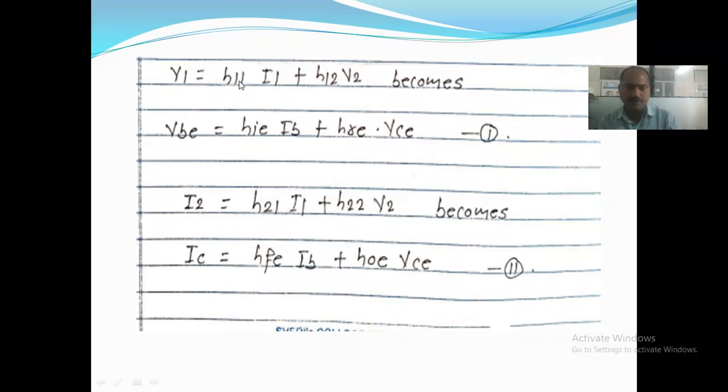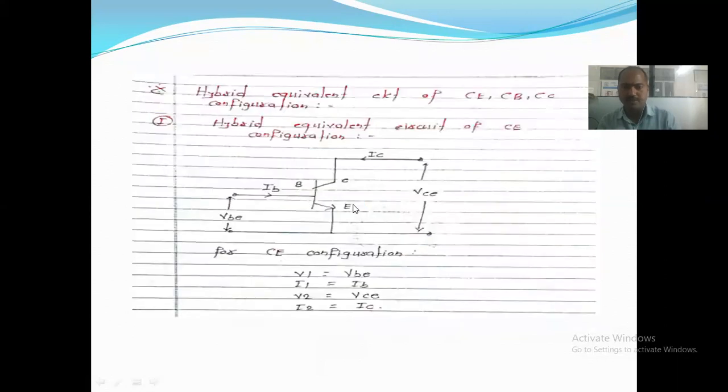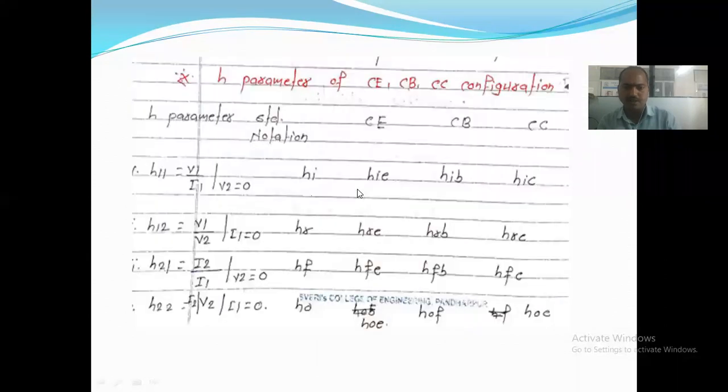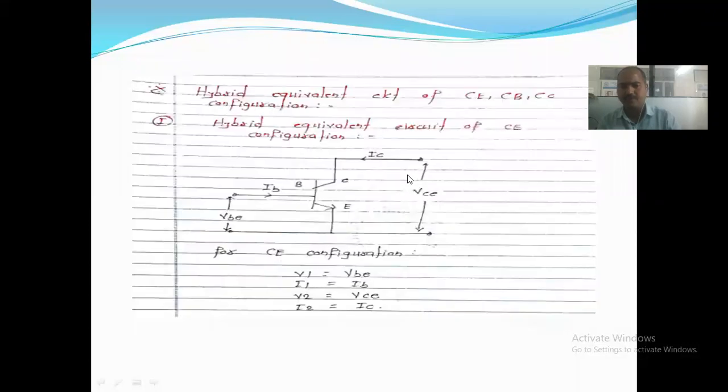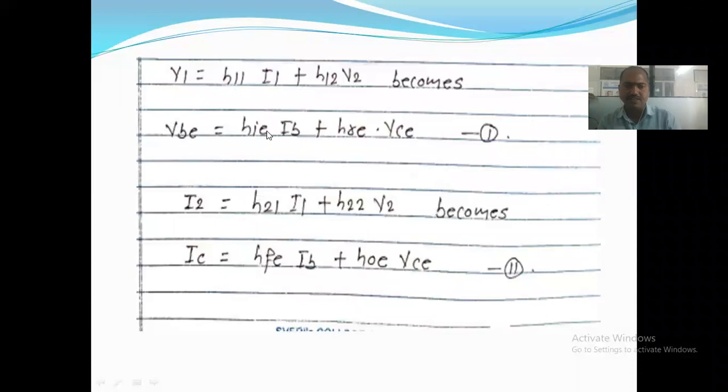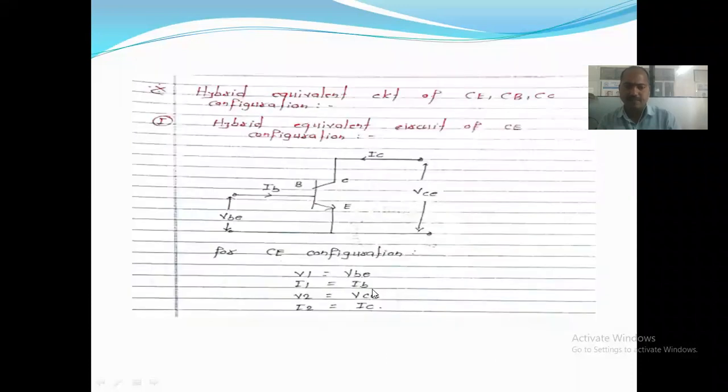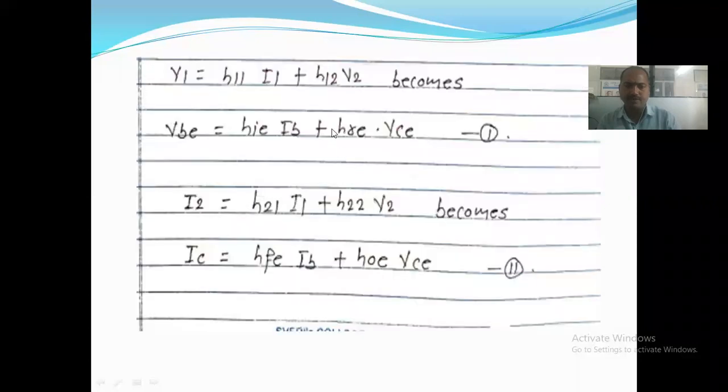H11 for the common emitter configuration is written as HIE, and I1 is the base current. So your equation is HIE into IB plus H12 V2.